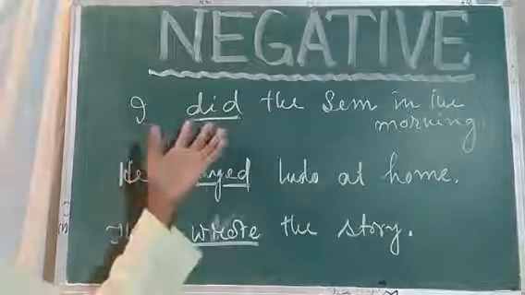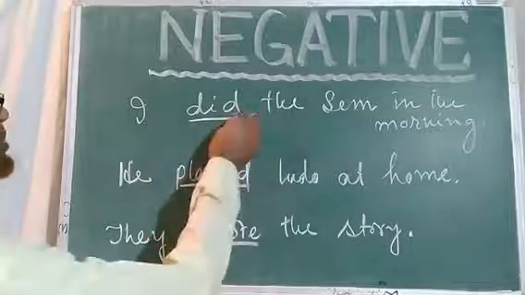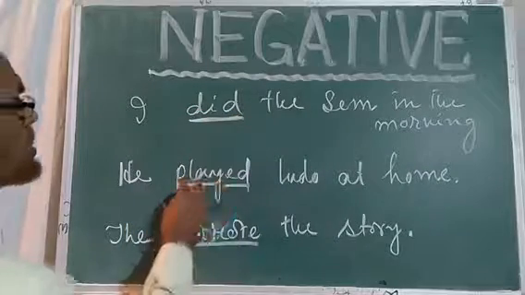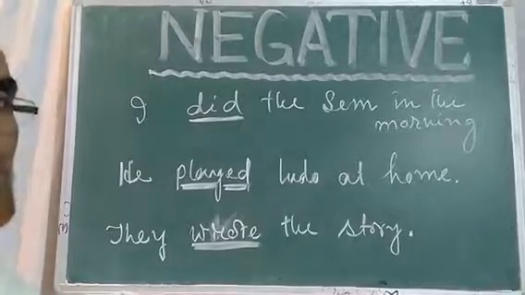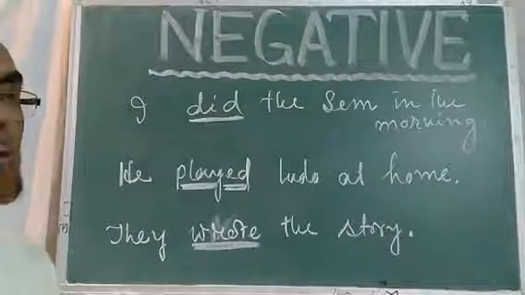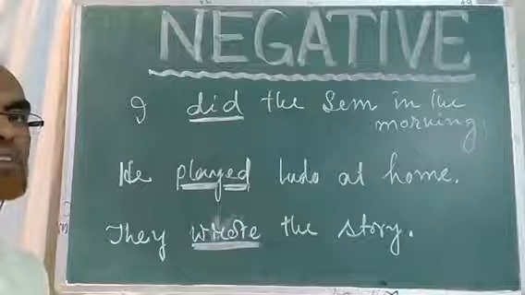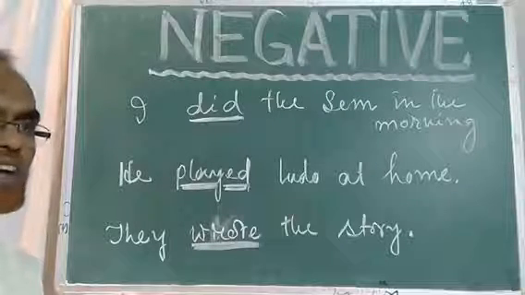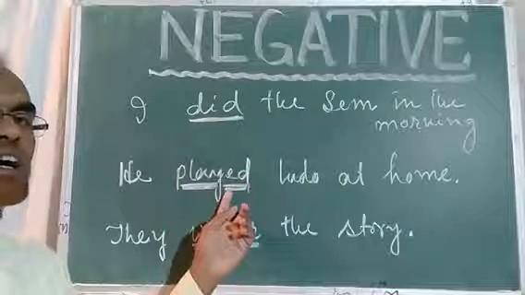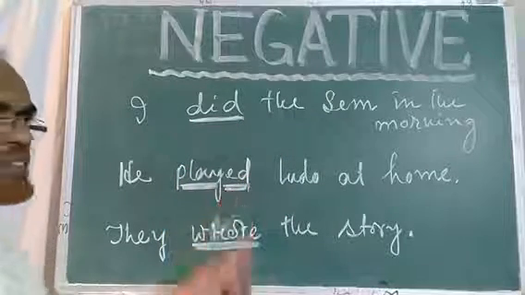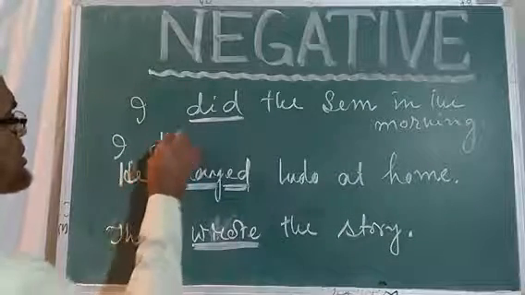One thing we have to remember: if we find the past form of the verb in a sentence, then we have to add did not just after the subject and just before the verb. And after that, we write the present form of the given verb. That is, after I, we add did not.